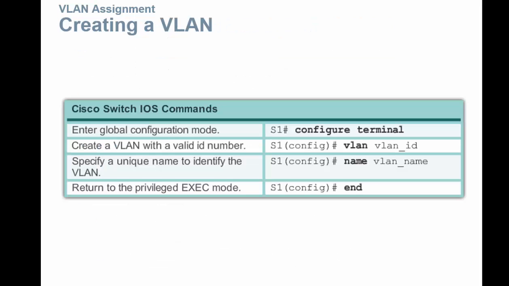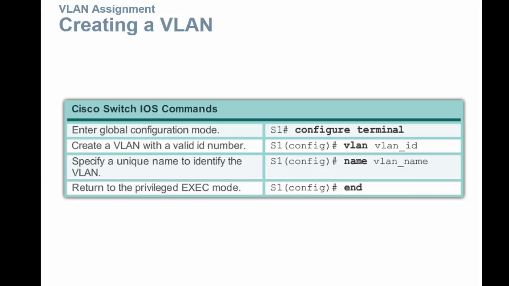In order to create a VLAN, we will go into config T on our switch, and then you say VLAN, then you give it the VLAN ID, and you can choose what this ID is. Once you've done this, give your VLAN a name, so that would be name VLAN, and then at this point you can type in end to end this configuration.